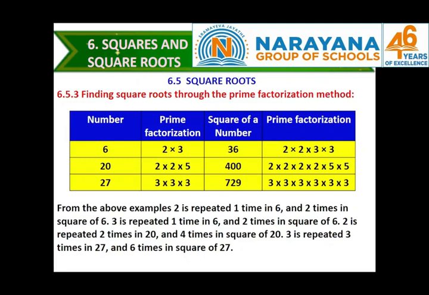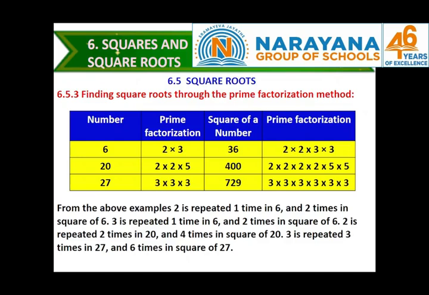Now, the second number is 20. Prime factorization is 2 into 2 into 5. The square value is 400. Its prime factorization is 2 into 2 into 2 into 2 into 5 into 5. What is your observation in these two examples? Yes, the prime factors are doubled in the square of a number.